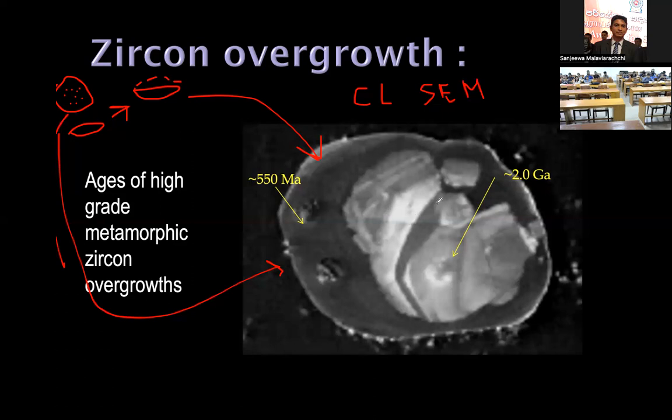These are chemical and structural contrasts, so they will appear only in cathodoluminescence images, CL images only. Once you have this image done, then the sample is ready for dating.